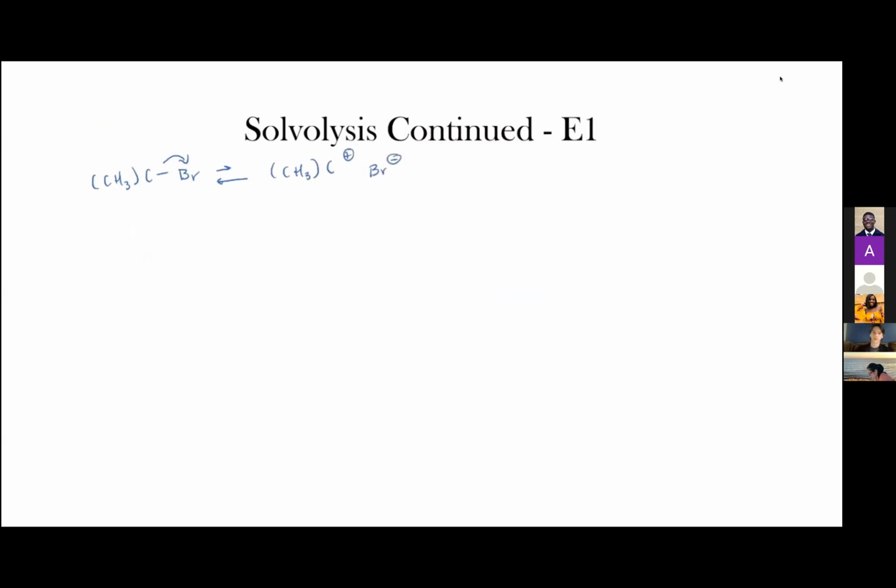And now if we remember from other E1 reactions that we've looked at, we're going to end up with the formation of an alkene.